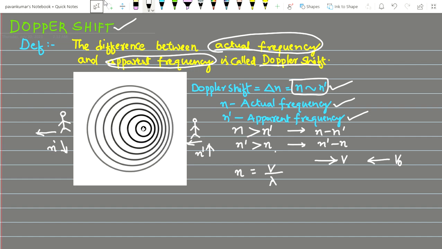Then their relative velocity is given by v plus v naught. Here the velocity changes in order to observe the change in the frequency. Here the wavelength remains constant.